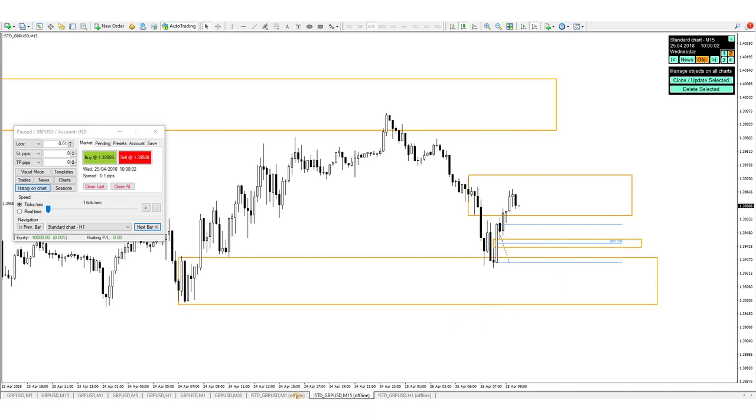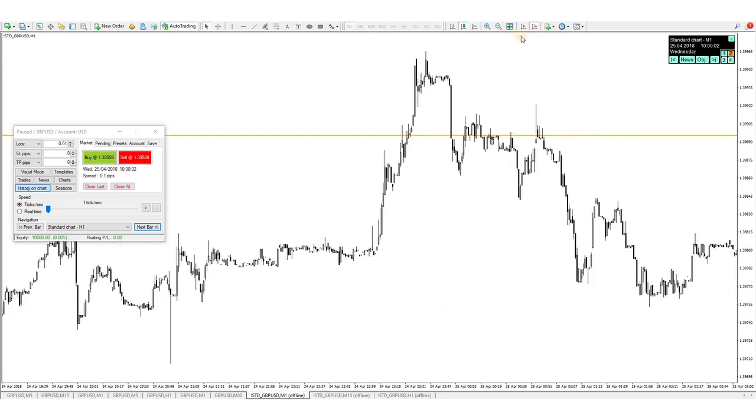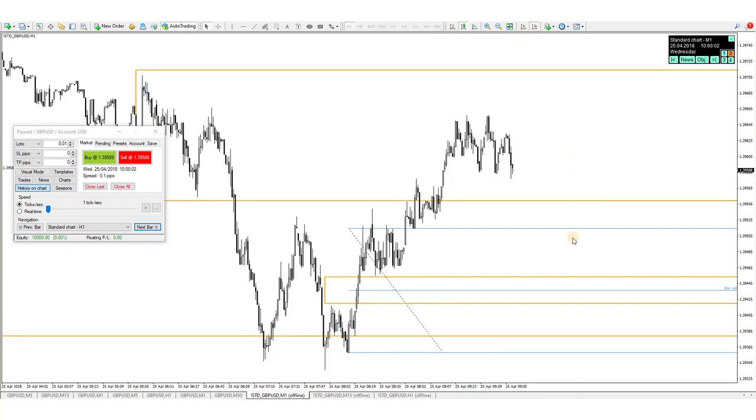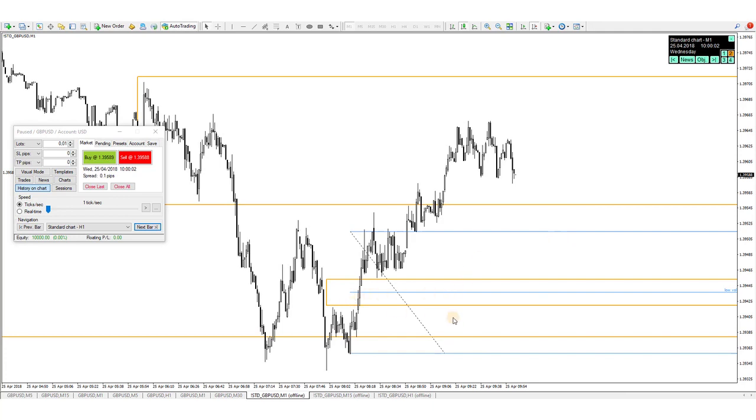So I'm switching to the M1 time frame to check everything. So you can see, guys, this is my box of the M15 imbalance.